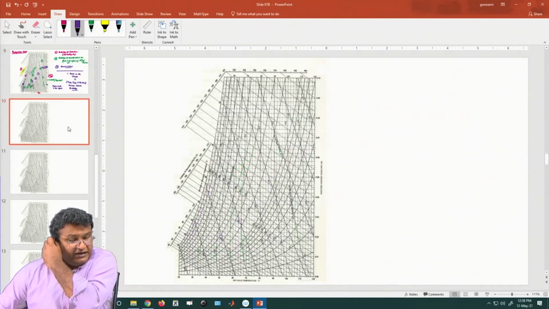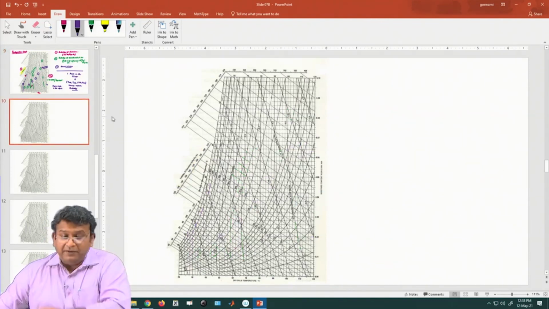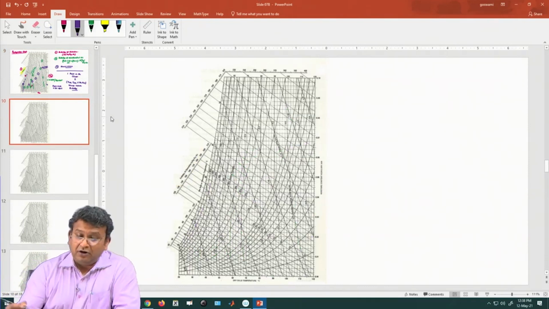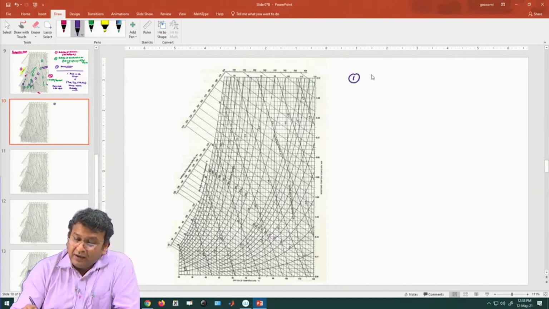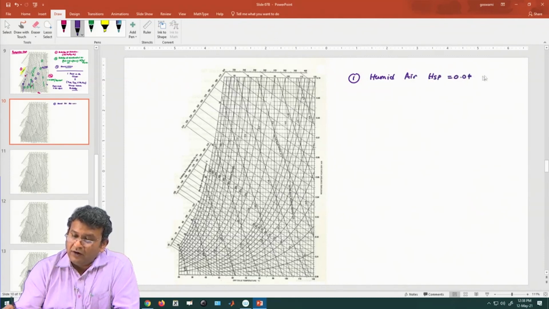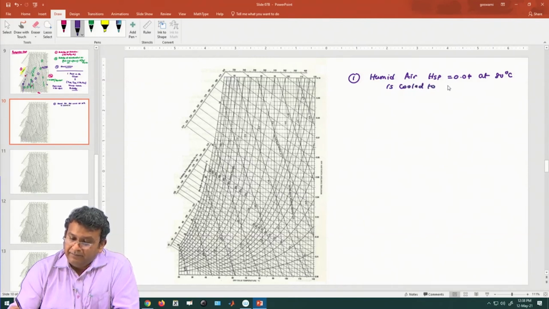Now, let us quickly take up a few very interesting problems which you can also do on the psychrometric chart. So, let us say humid air with specific humidity 0.04 and 80 degree centigrade is cooled to let us say 40 degree centigrade.